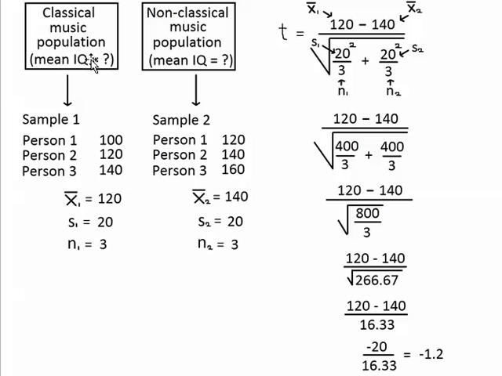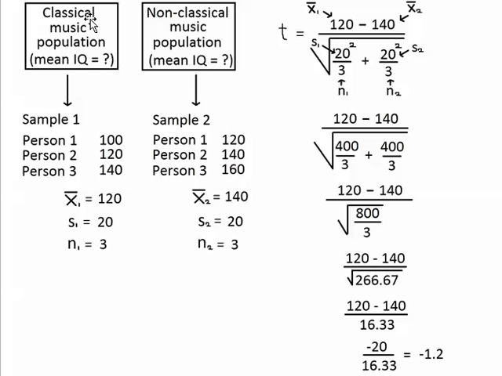In order to make our decision about whether these two population means are different from each other, we have to compare this t-score to a critical value and see whether this t-score reached the critical value. If this t-score of negative 1.2 did reach the critical value, then we would reject the null. In other words, we would reject the possibility that the population means are equal.